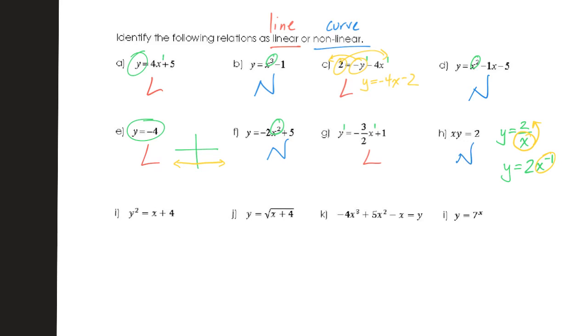Okay, if you're doubting me at all, go ahead and punch xy equals 2 into Desmos, and you're going to see a lovely graph that looks something like this. Definitely not a line. That's your hyperbola. You actually start to examine that in grade 11 university math. But for us now, that's not a concern. All we know is that that is not a line.